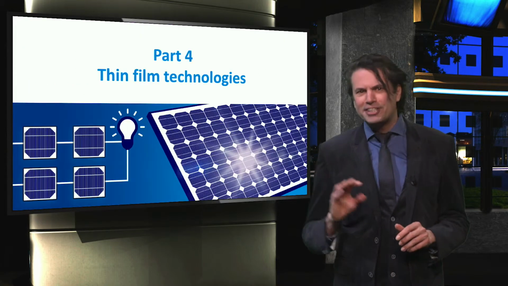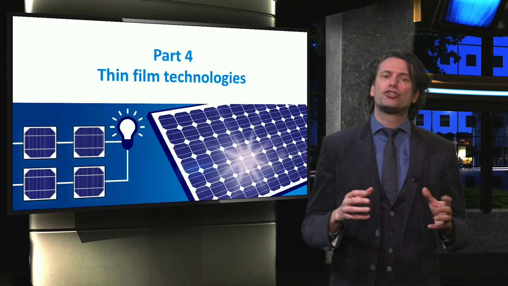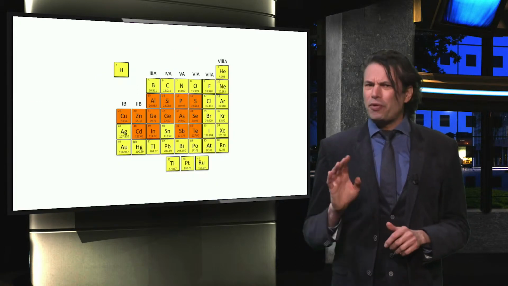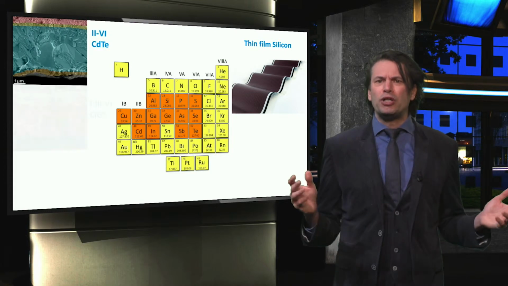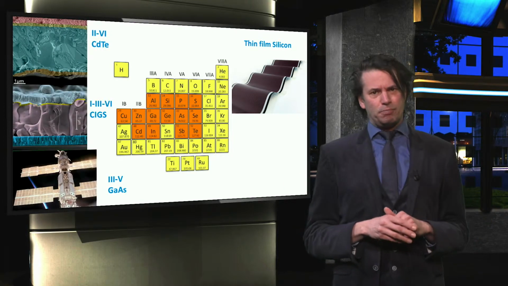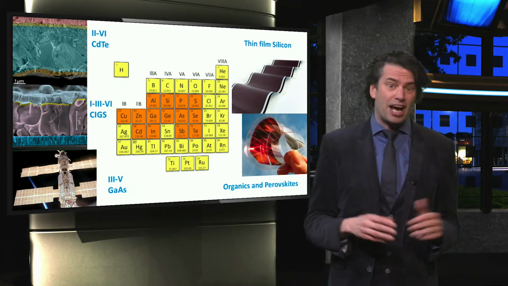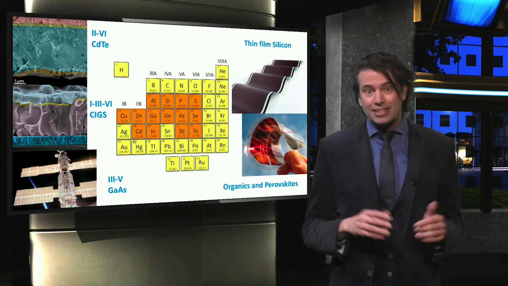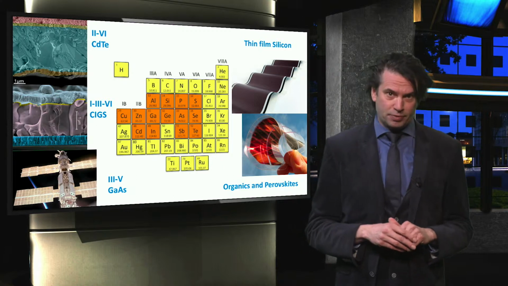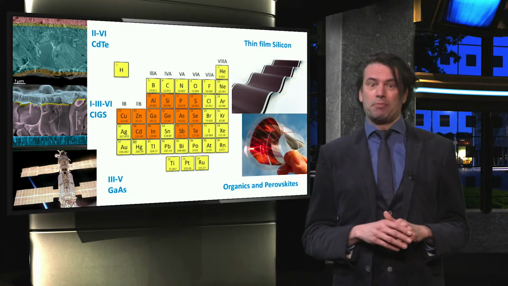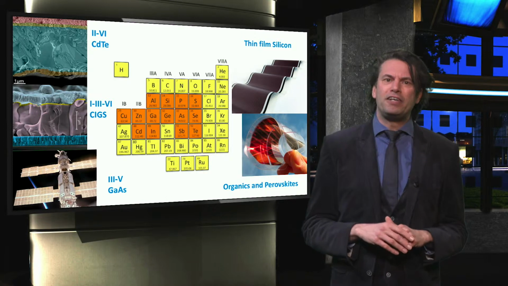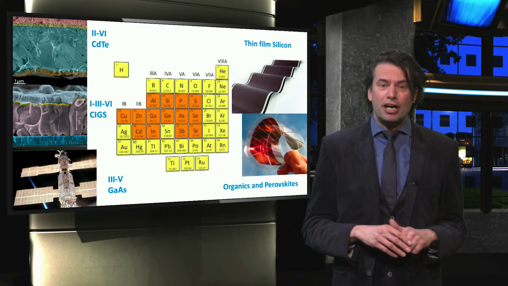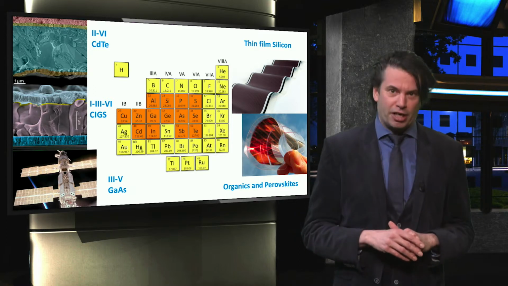In the fourth section of this course, we will discuss the most important thin film technologies. We will spend 3 weeks on the thin films in which you will learn all about thin film silicon, chalcogenides like the 2,6 technology cadmium telluride and the 1,3,6 technology CIGS, the 3,5 technology, gallium arsenide, and some organic PV technologies like organic polymers, dye-sensitized solar cells, and the new material, perovskites.